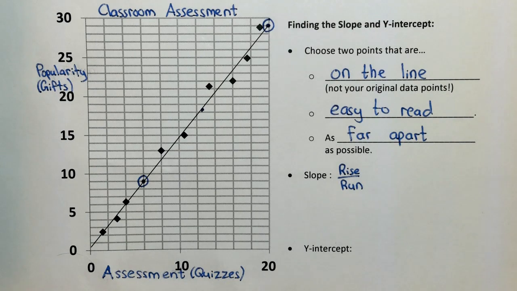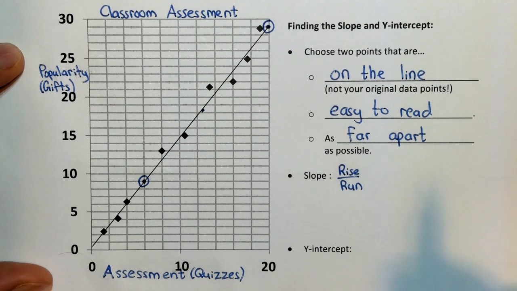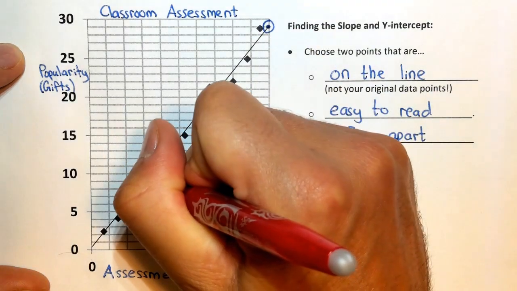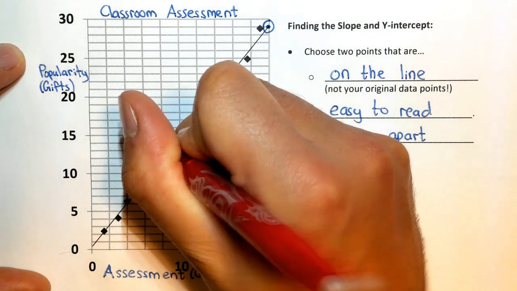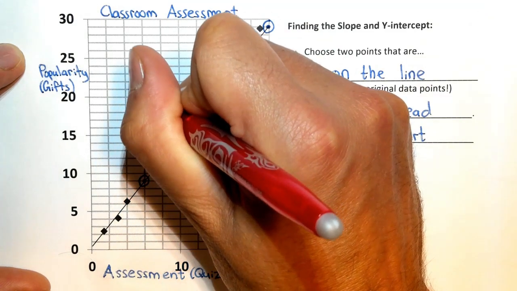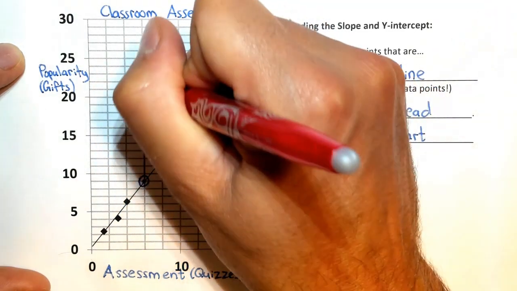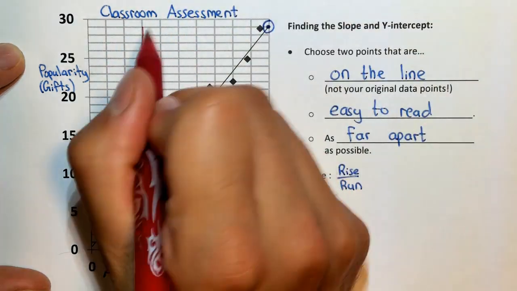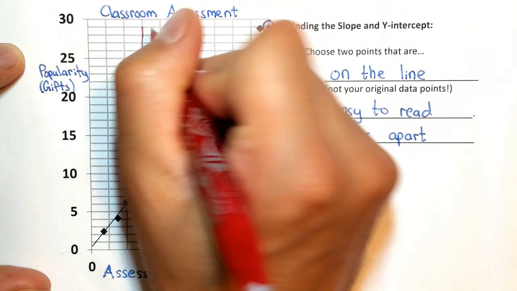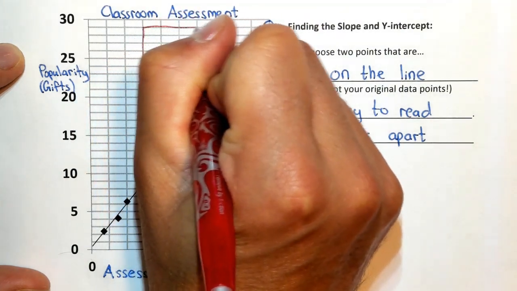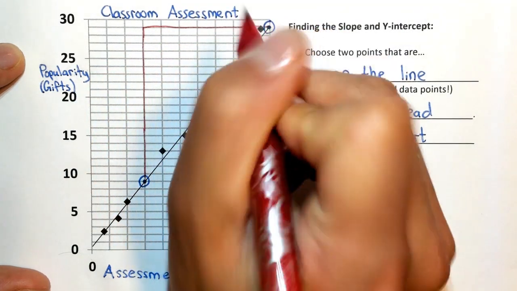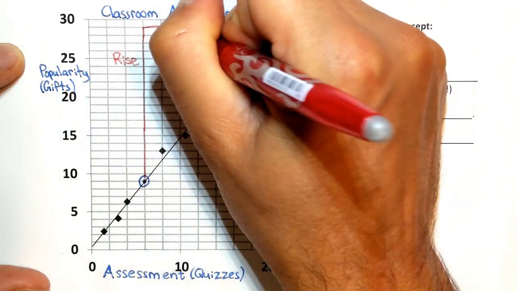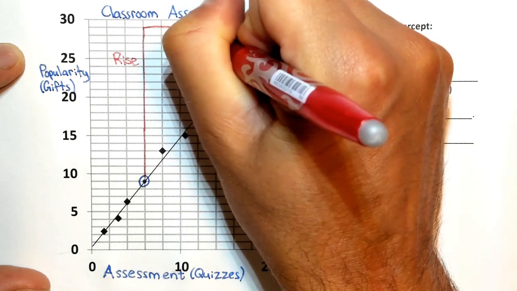Now, quick reminder, the idea with rise and run is to get from my first point to my second point, I need to rise up a certain amount along the y-axis. And then I need to move horizontally a certain amount. I need to run a certain amount parallel to the x-axis. So that's what I'm talking about when I use the words rise and run.